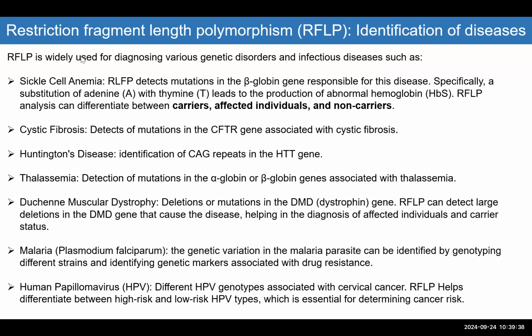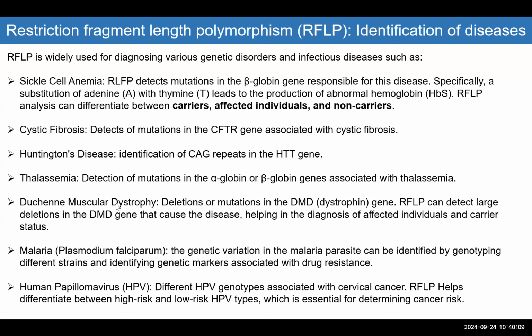And here I put for you a list, in fact a very, very short list of the long list that we could predict simply using the RFLP technique. All these diseases, like sickle cell anemia, cystic fibrosis, Huntington disease, thalassemia, Duchenne muscular dystrophy, you can detect this way. You have a specific probe designed for the gene that causes the disease.